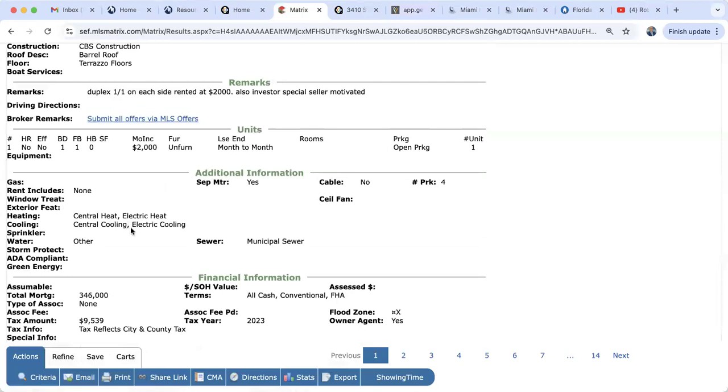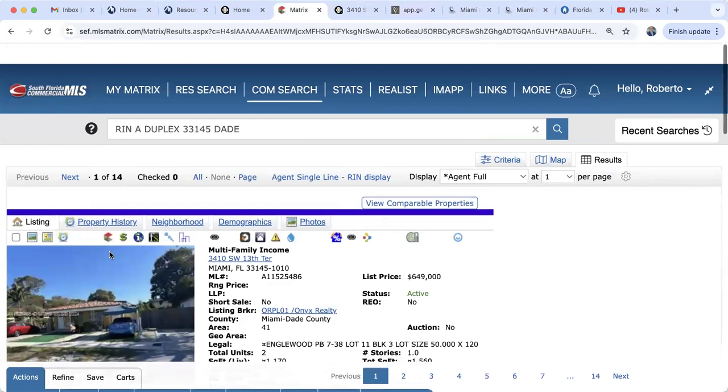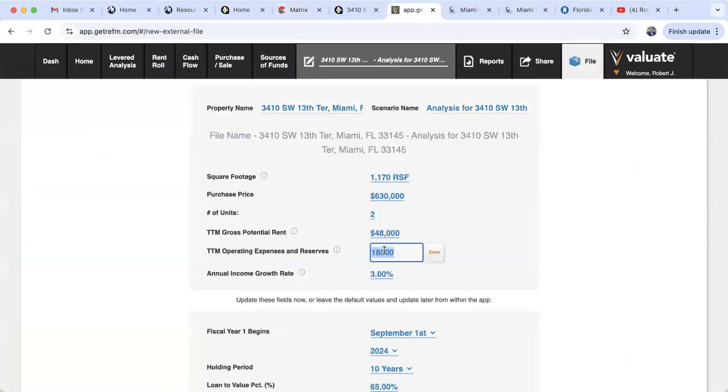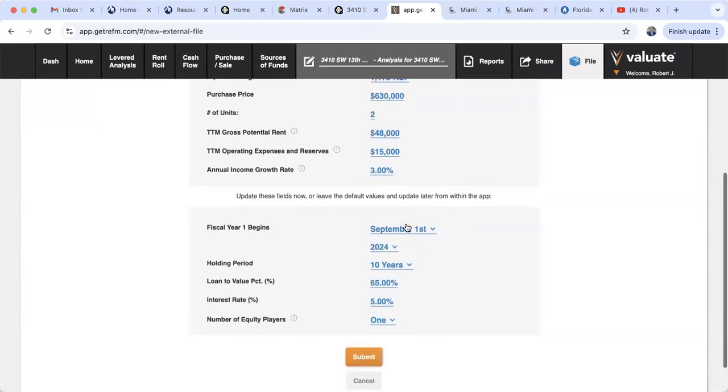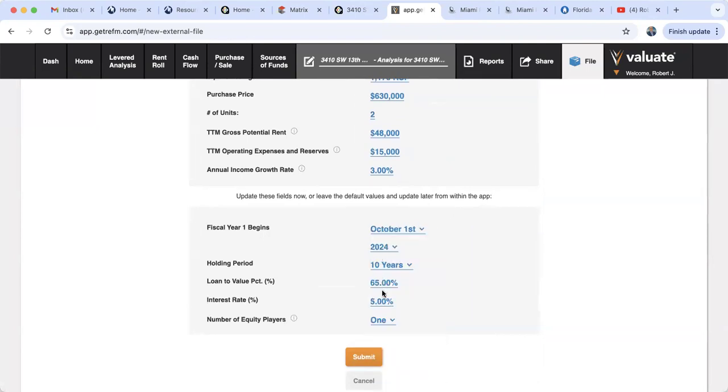So I think 18,000 is a little too high, especially when taxes were 9,500. So let's go back here and let's bring this down to about 15,000. Okay, 3%, purchasing it on October 1st. And let's do 75% financing at a 7% interest rate.